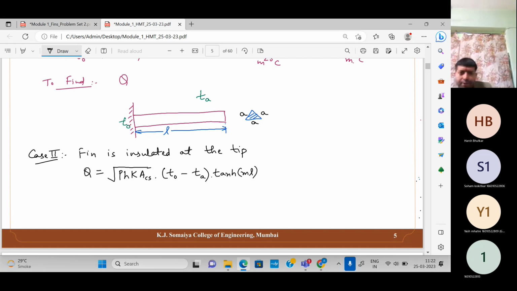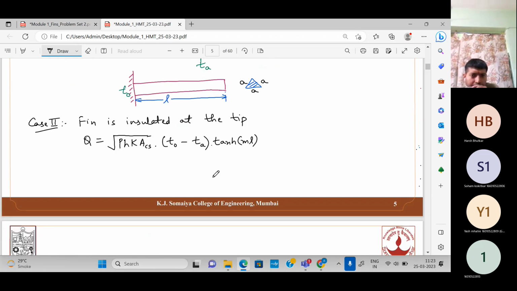Now we'll calculate all these values. So we have to calculate m. There are two formulas, so you can use either this formula, root PhkA into T naught minus T infinity into tanh mL, or the other one, where we don't put the value of m.